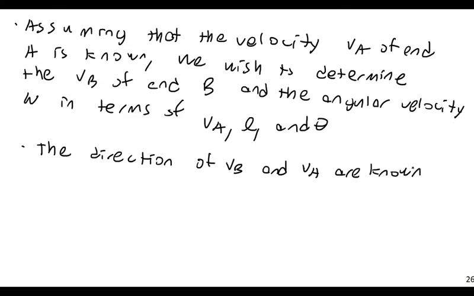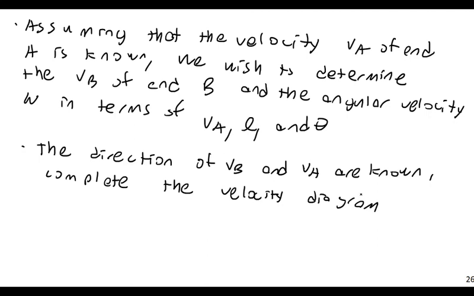And so let's say I want to complete the velocity diagram, which we have already. And that was just the triangle we had previously. So I know that VB over VA is going to be equal to tan theta, and then VB is equal to VA tan theta.